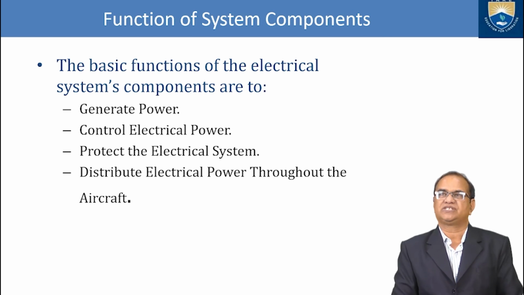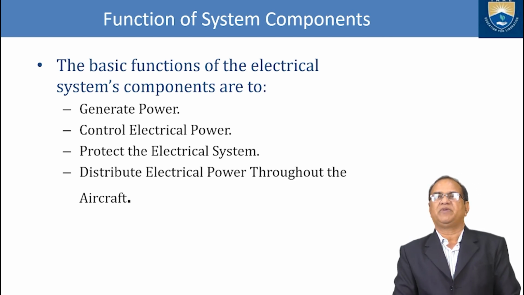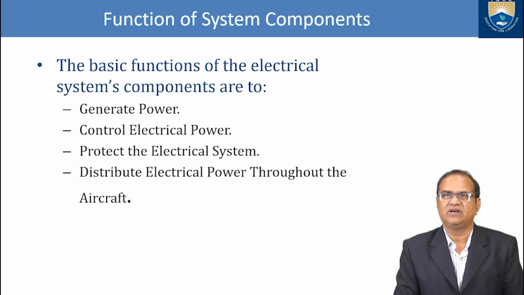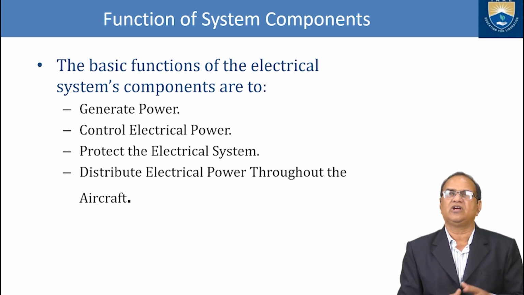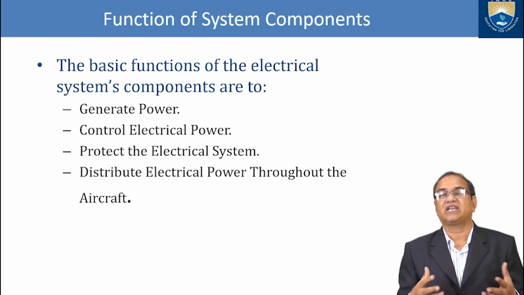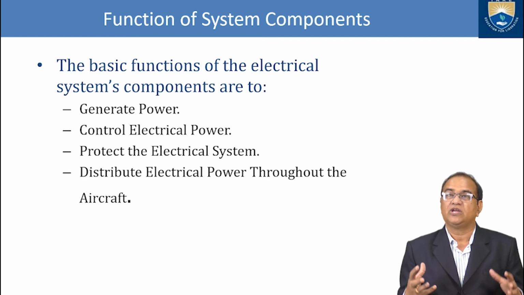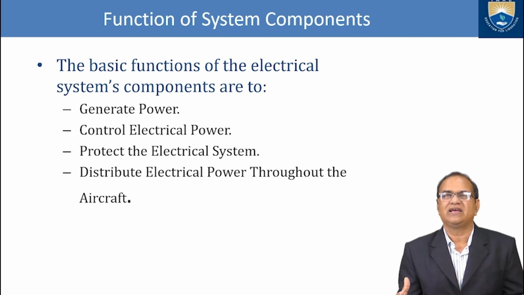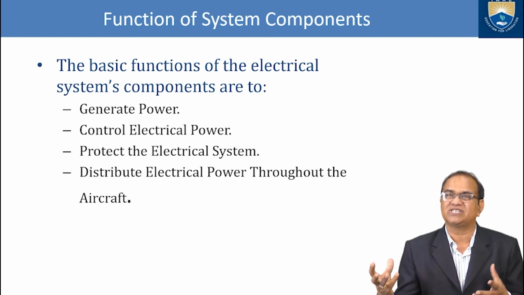Function of system components. The basic function of the electrical system components is to generate power. So what are the main functions of any electrical component? To generate electrical power. That is the first and primary. Control electrical power. After it is generated, how much are you generating? How much is required for the system?